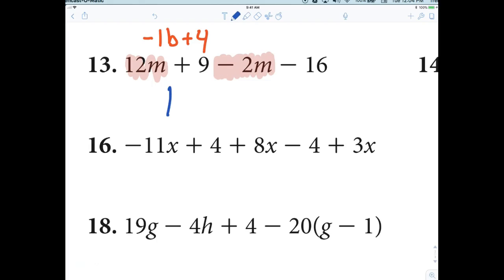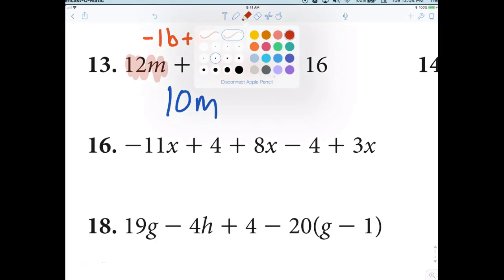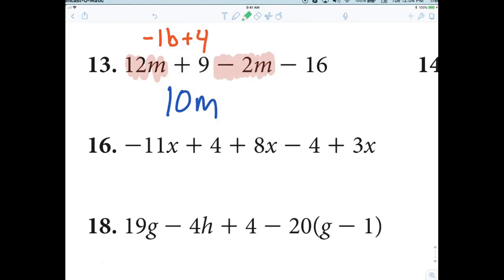And then you have to subtract 16 from 9. What is 9 minus 16? It's 7. Positive or negative? -7. Thank you. 10M minus 7.